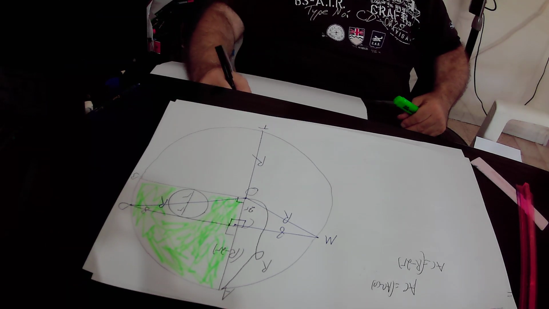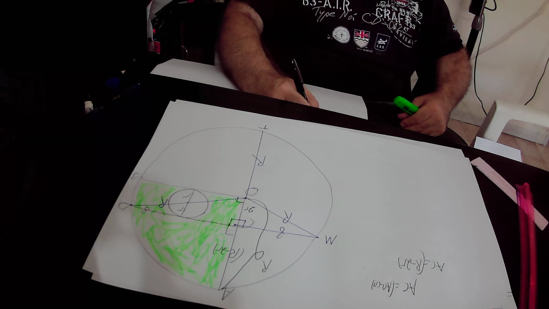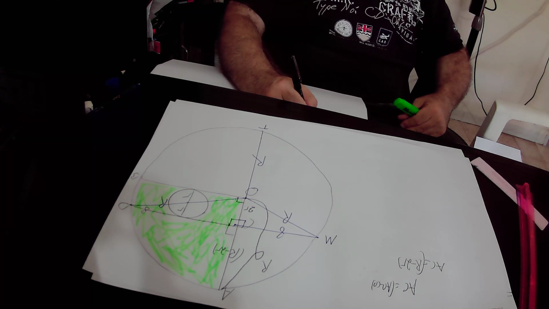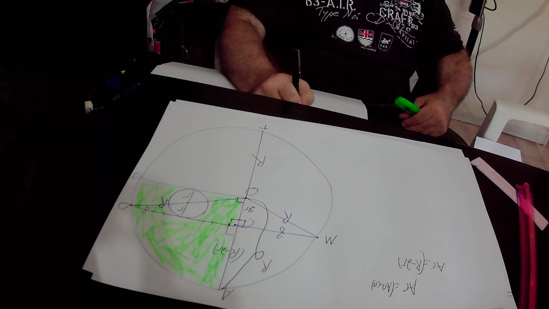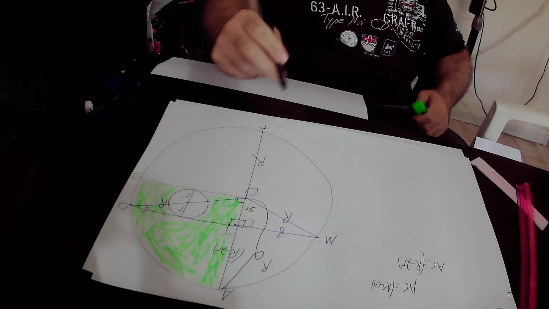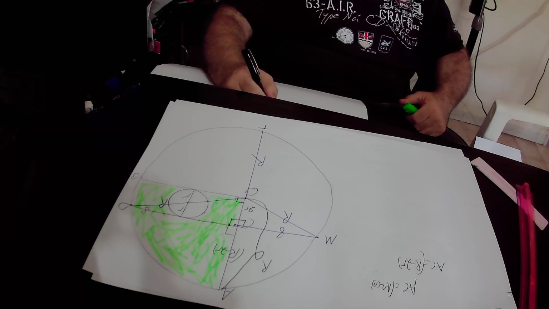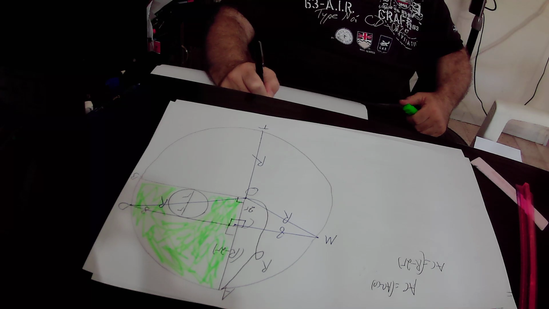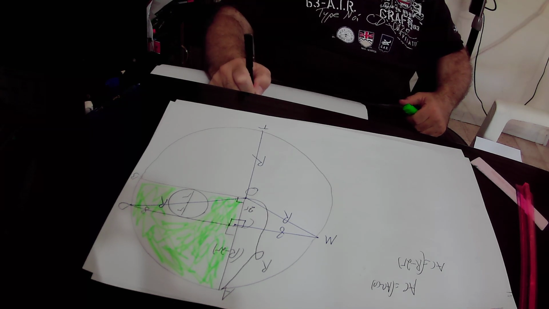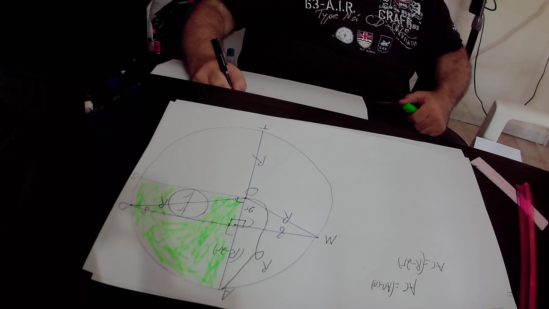The area of the green shape is actually equals to the area of the quarter circle minus the area of the small circle.